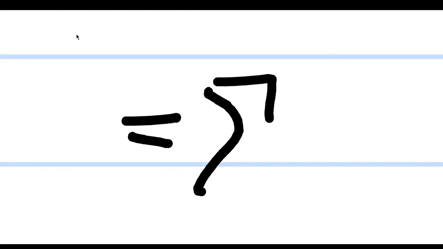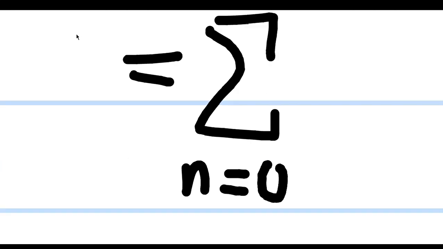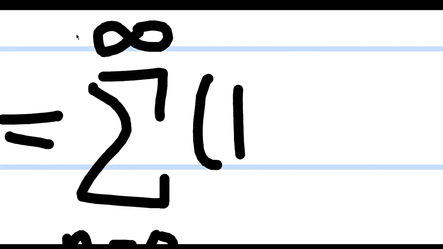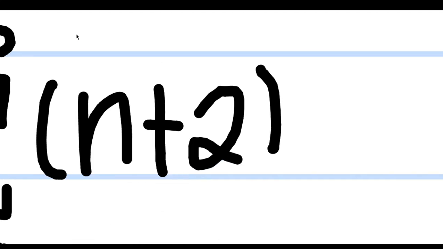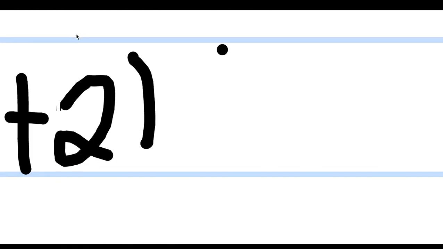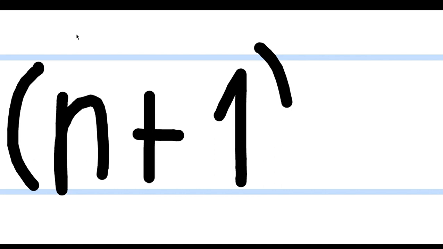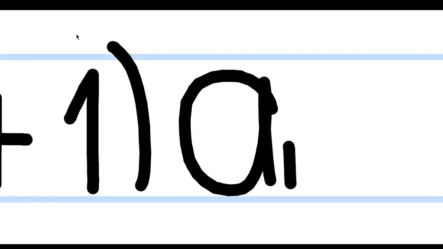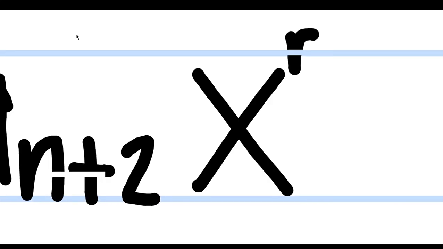Then my new series, which starts at n equals 0 until infinity, of (n plus 2) times (n plus 1) times a sub n plus 2 times x to the power of n.